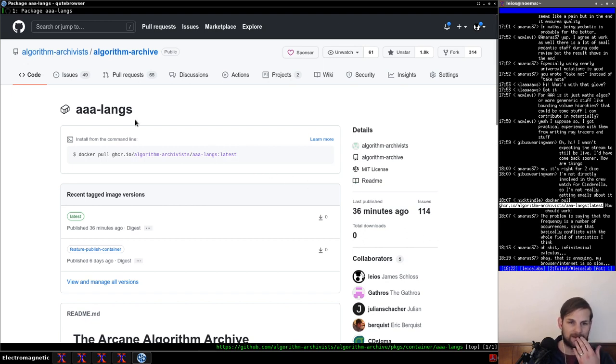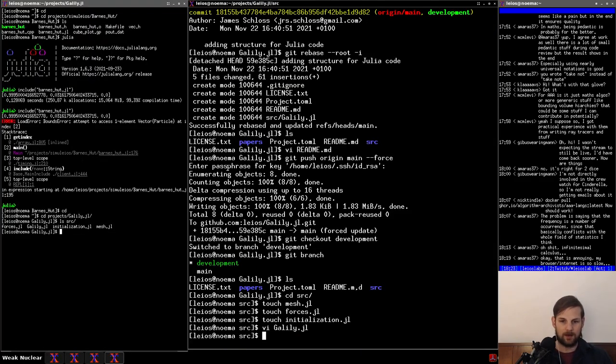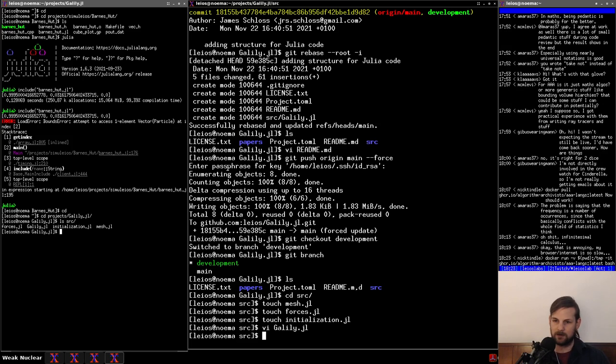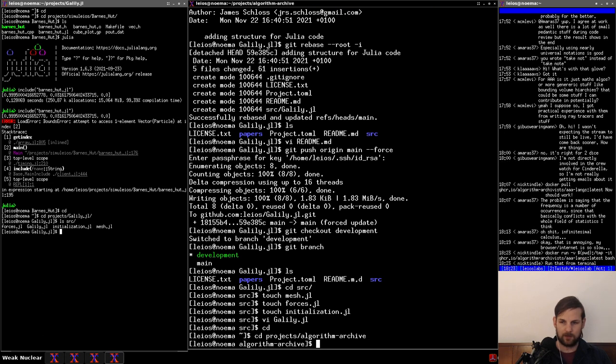No, what is it that we're looking at? Install from the Docker. Oh, wait a minute. Is this what I think it is? Let me go ahead and grab this guy. Docker pull. So we Docker pull this guy. All right, let me load Docker here. So we're going to cd projects, algorithm archive. There. Now what do I want to do?